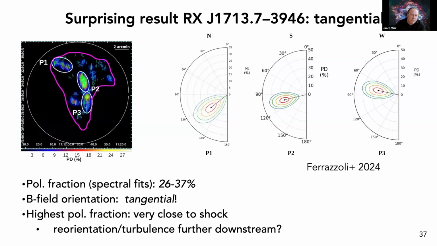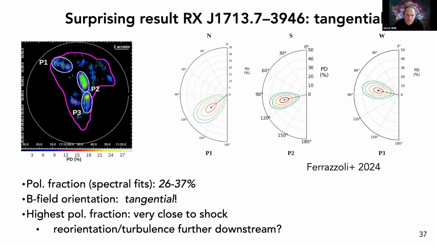The vectors that we show here are the magnetic field vectors. And so the big surprise here was we were just getting used to all those radial magnetic fields, and then suddenly in RX J1713 we found out that the magnetic field is tangential here. So this is consistent with a magnetic field crossed by the shock.